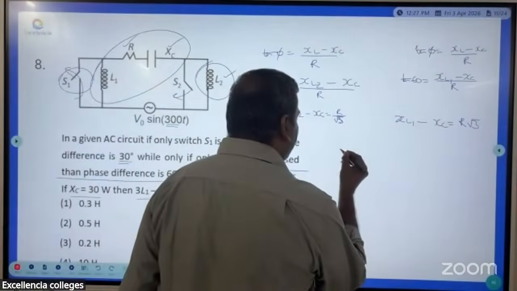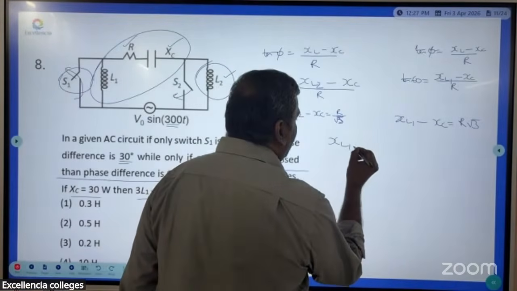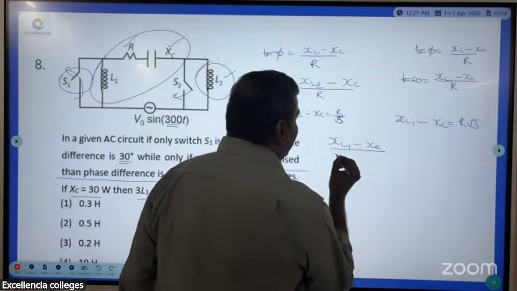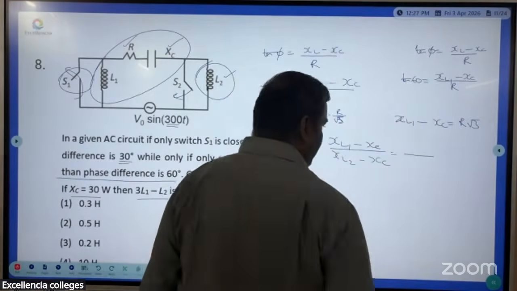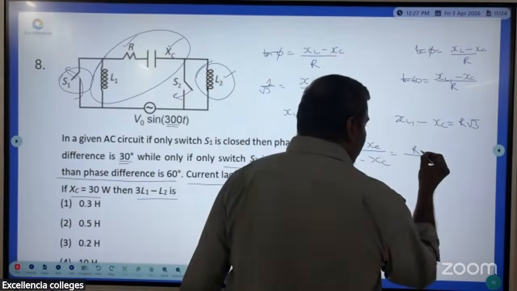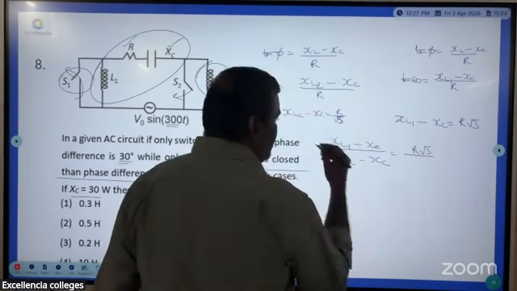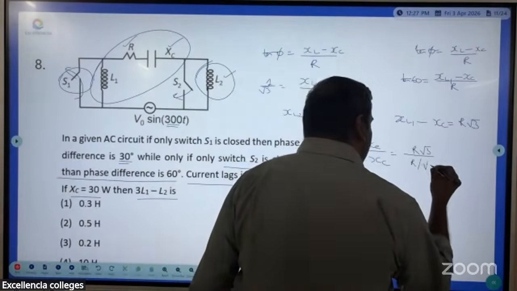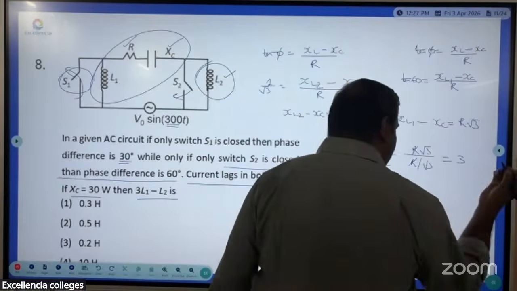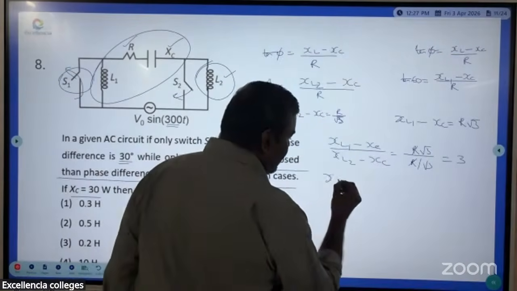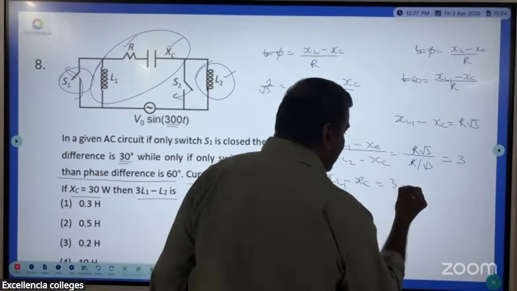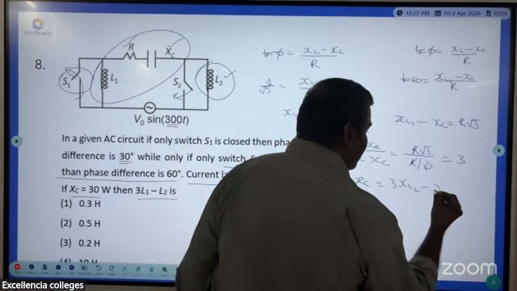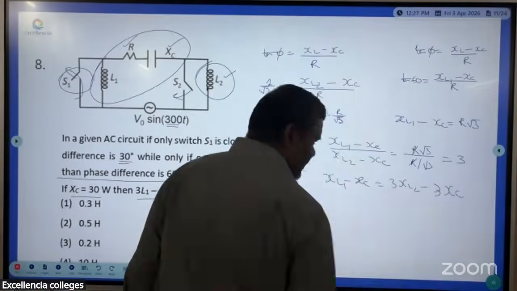Therefore we need to eliminate your R. We'll divide the equations, divide them. The XL1 minus XC by XL2 minus XC, this ratio is going to become R root 3 divided by R by root 3. So this and this will cancel out, it will become 3. So cross multiply कर देंगे. XL1 minus XC is equal to 3 times XL2 minus 3 times XC.